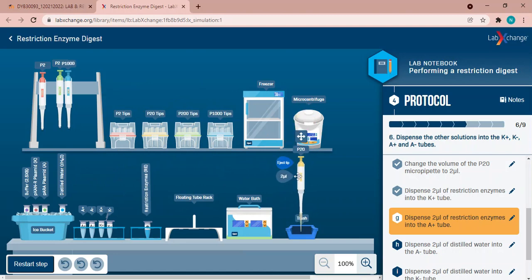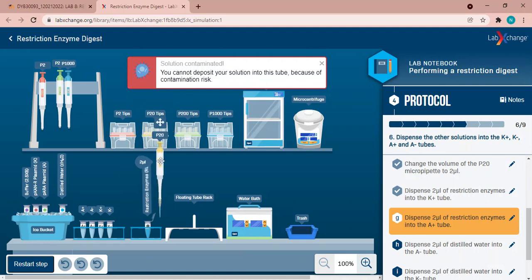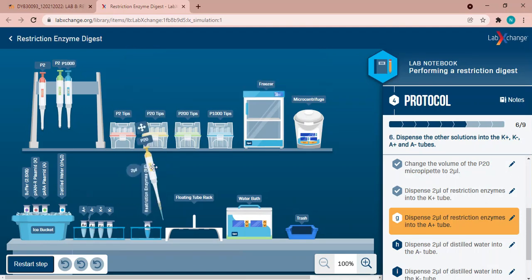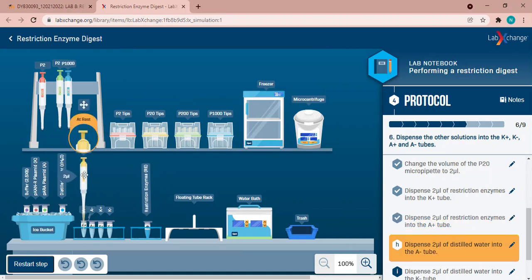Okay, eject the tip. Then dispense 2 microliters of restriction enzymes into the A plus tube. Okay, add a new tip. Then dispense to the A plus tube. Okay.